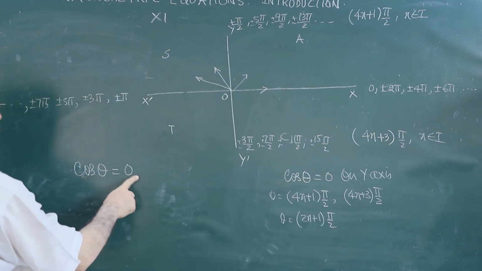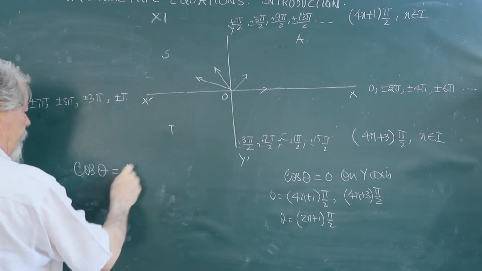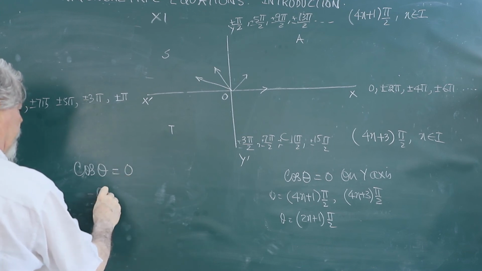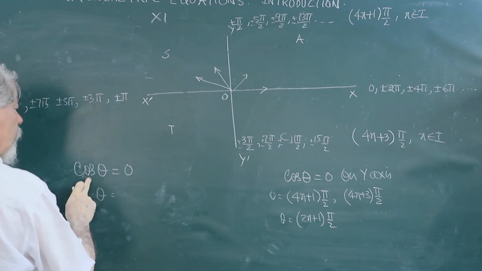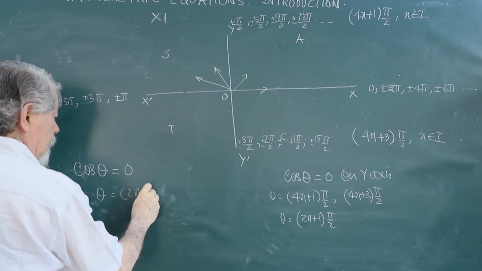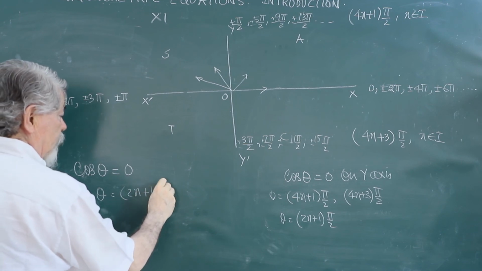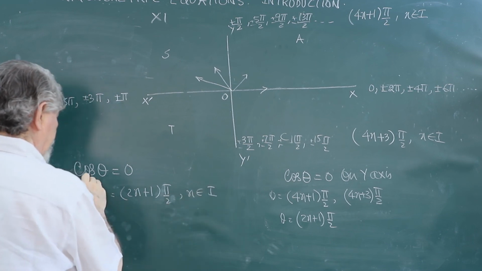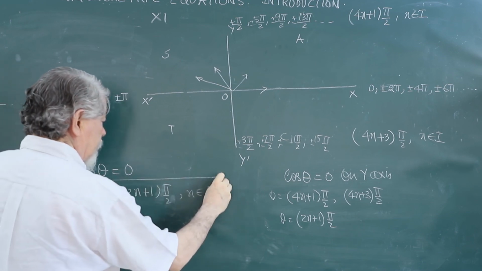So cos theta is 0 when theta is 2n plus 1 pi by 2, where n belongs to the set of integers. This is the solution set.